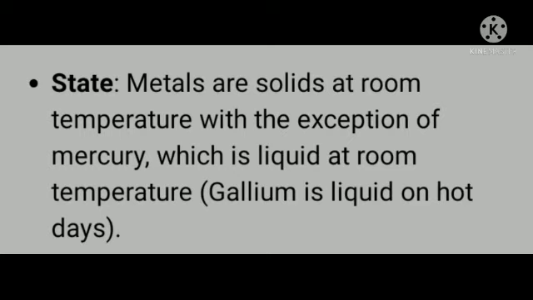Mercury is liquid in nature, and all the remaining metals exist in nature in solid form, because in them the atoms are tightly packed, like a crystal or lattice, tightly bonded. So most of the metals form what? Solid.